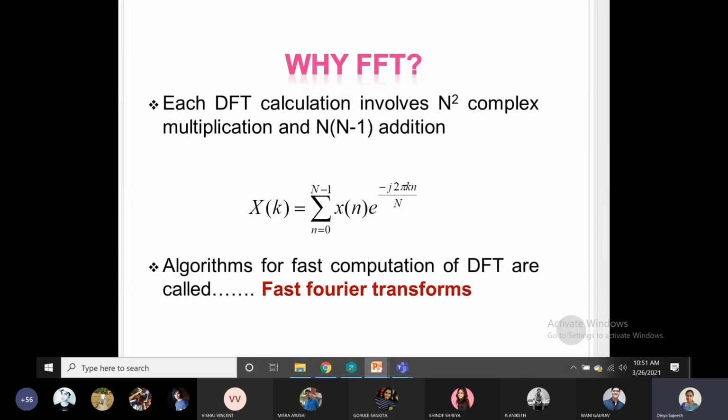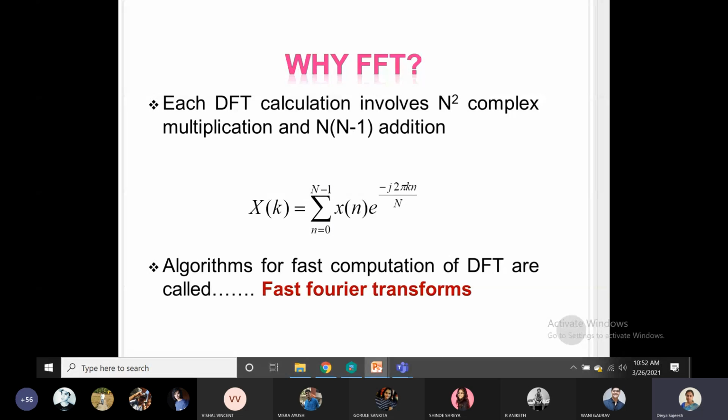So why are we going for FFT? Because our normal DFT calculation involves n square complex multiplications. With the matrix, we have just seen that the k value is changing in the first row from 0 to n minus 1, then again in the next row the k value is changing from 0 to n minus 1.